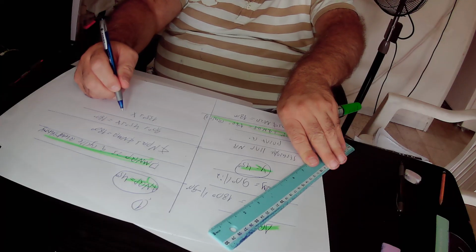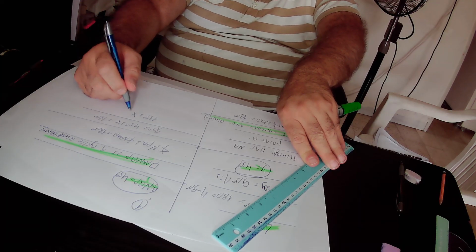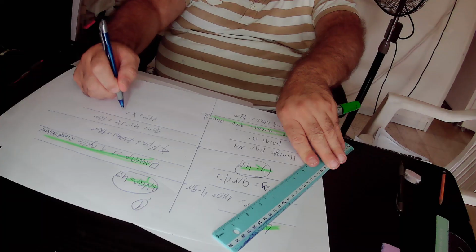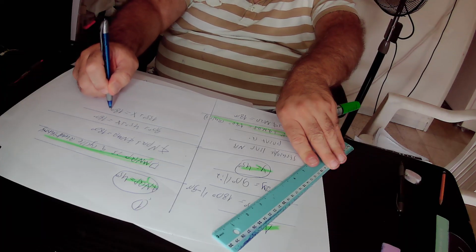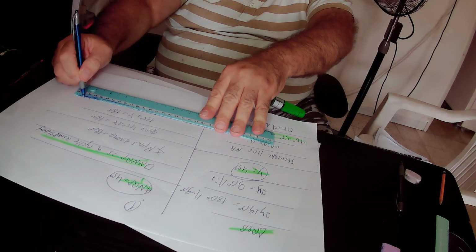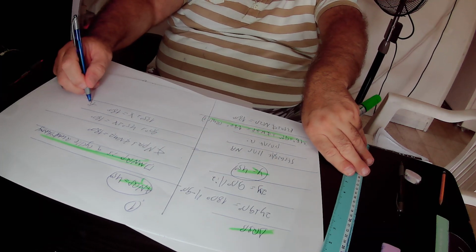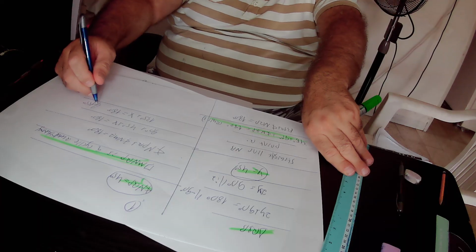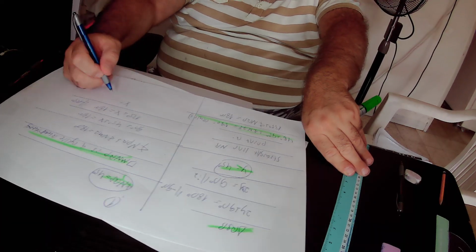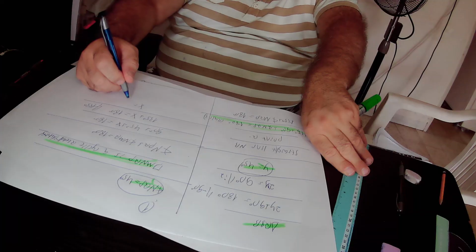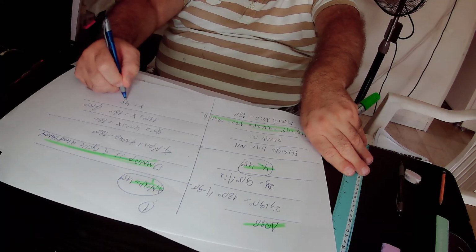x is the angle that we are looking for in this question. 135 degrees plus x equals 180 degrees. Here we subtract 135 degrees from both sides and get that the missing angle x equals 180 degrees minus 135 degrees, which is 45 degrees.